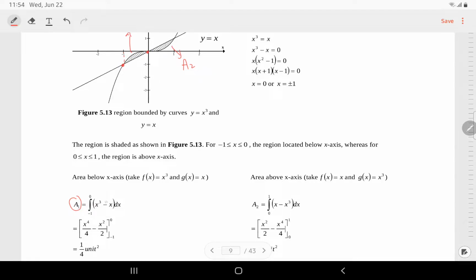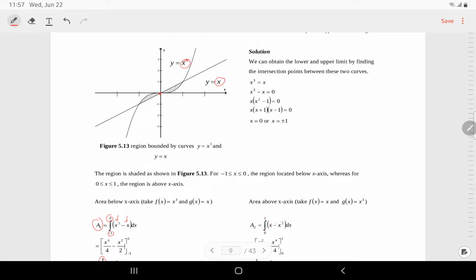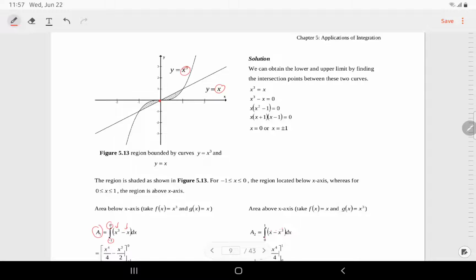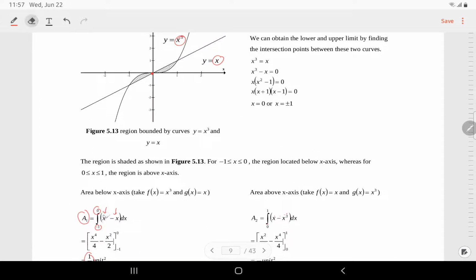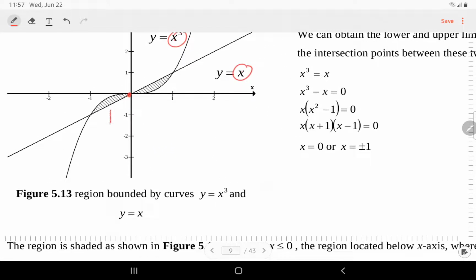Okay, and then, solution untuk A1. A1 is right here. A1 yang ni, A2.